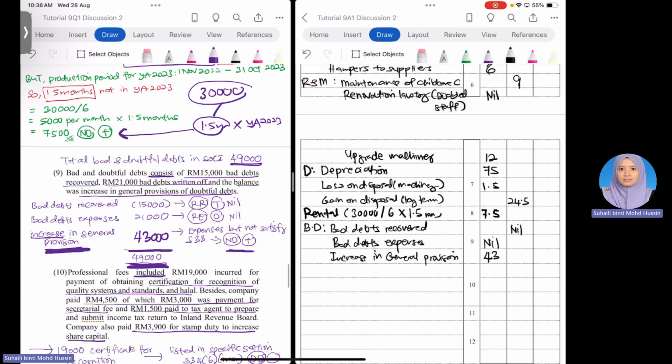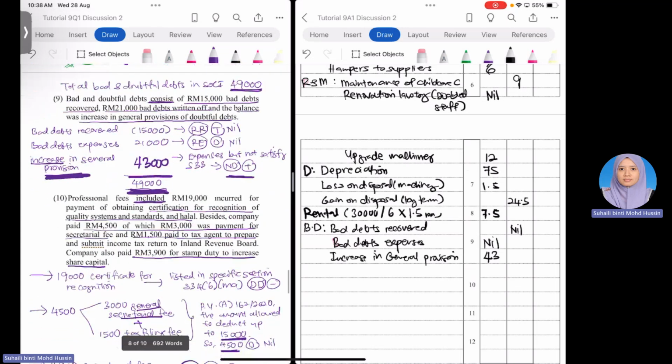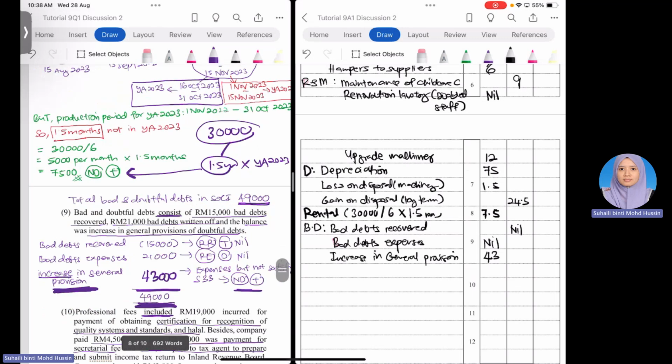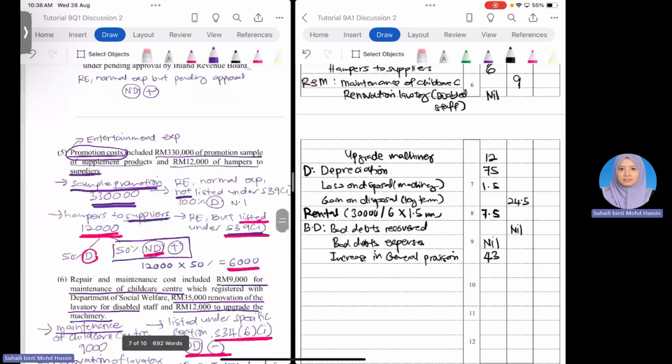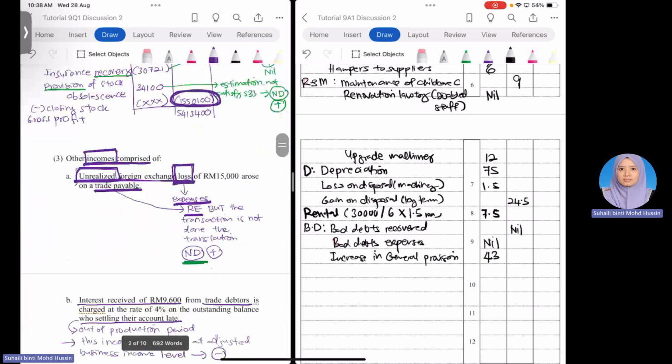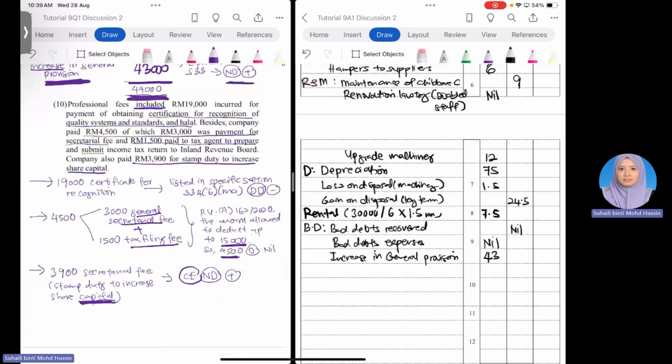Okay, now we go for number 10. We have the professional fees. The amount that you already deducted in SOCI is how much? 30,000 ringgit. Included in the 30,000 ringgit, the question listed 3 items.